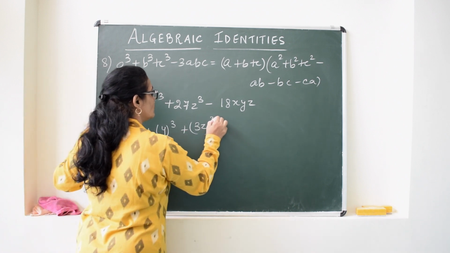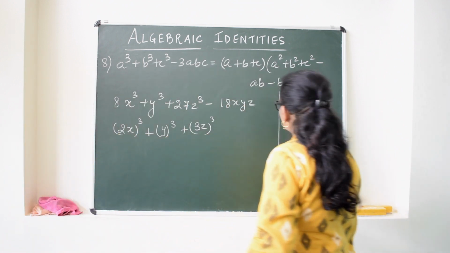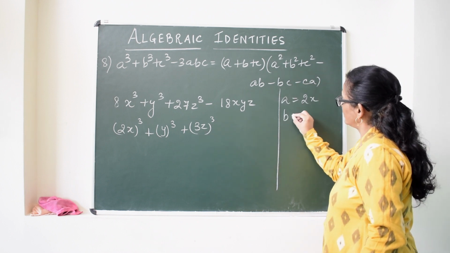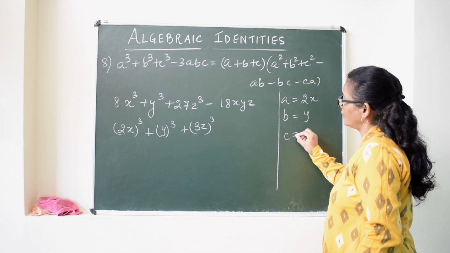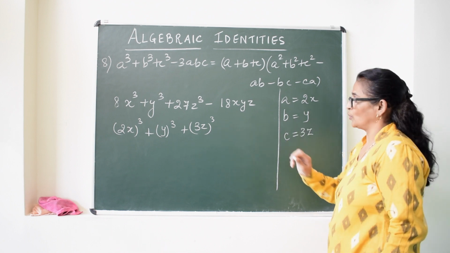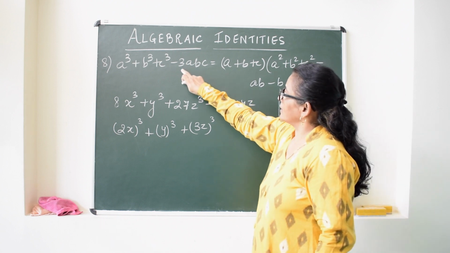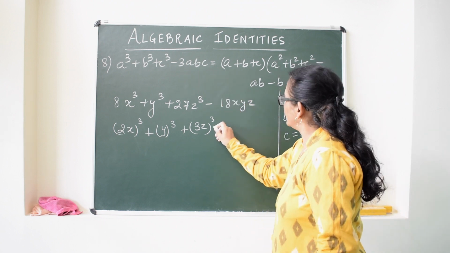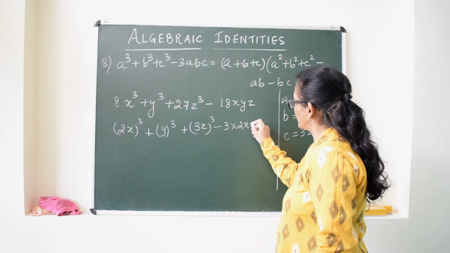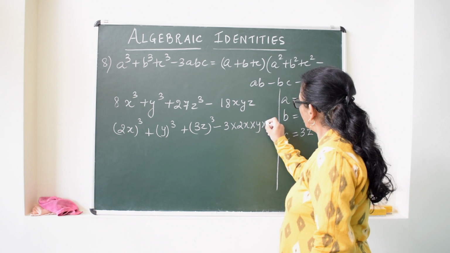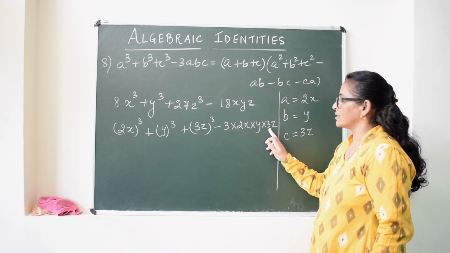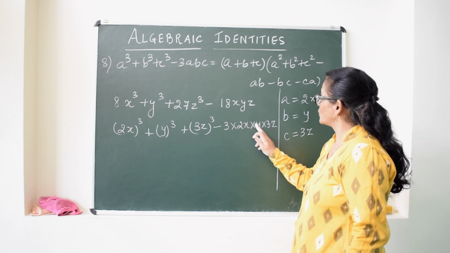So a is 2x, b is y and c is 3z. So the next should be thrice abc. So it is 3 into first term, that is 2x, into second term, into third term. So 3 2s are 6, 6 3s are 18, xyz.